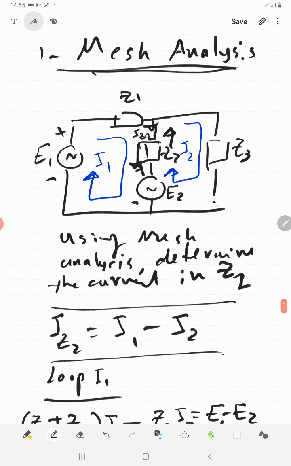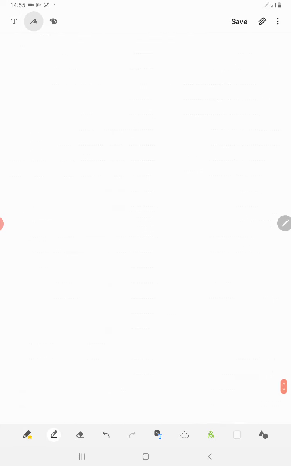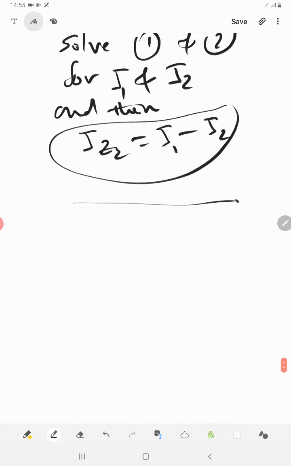Now, assume that we know now I1 and we know I2. Okay? Let's draw it again. Here we have Z1.